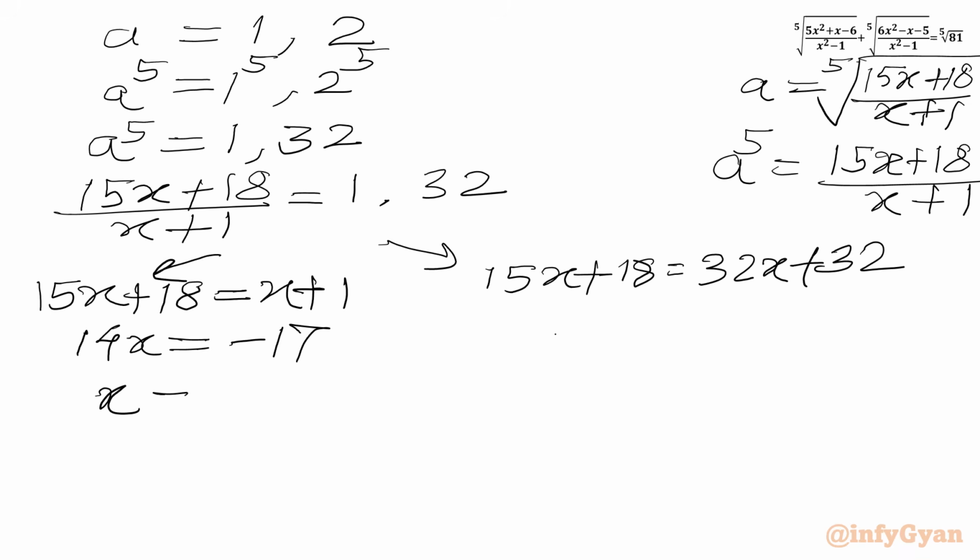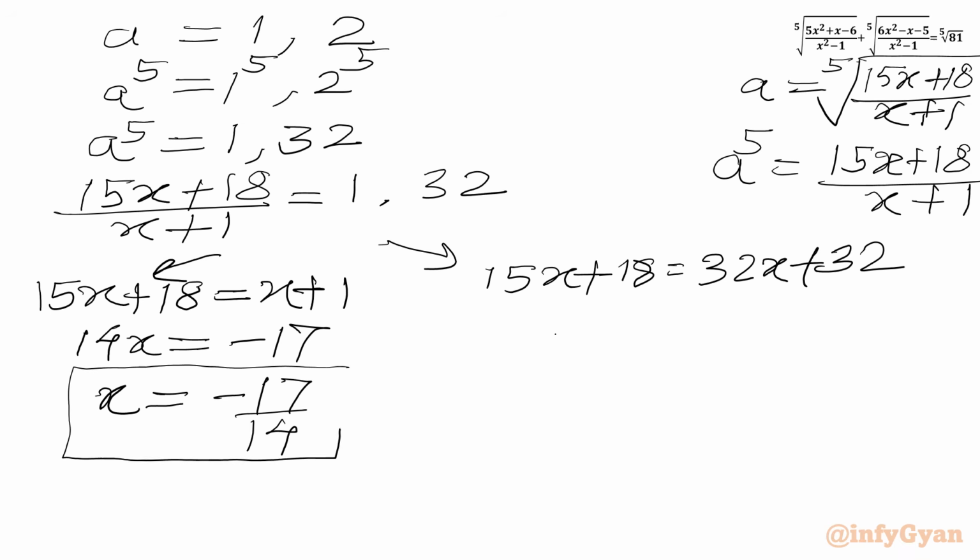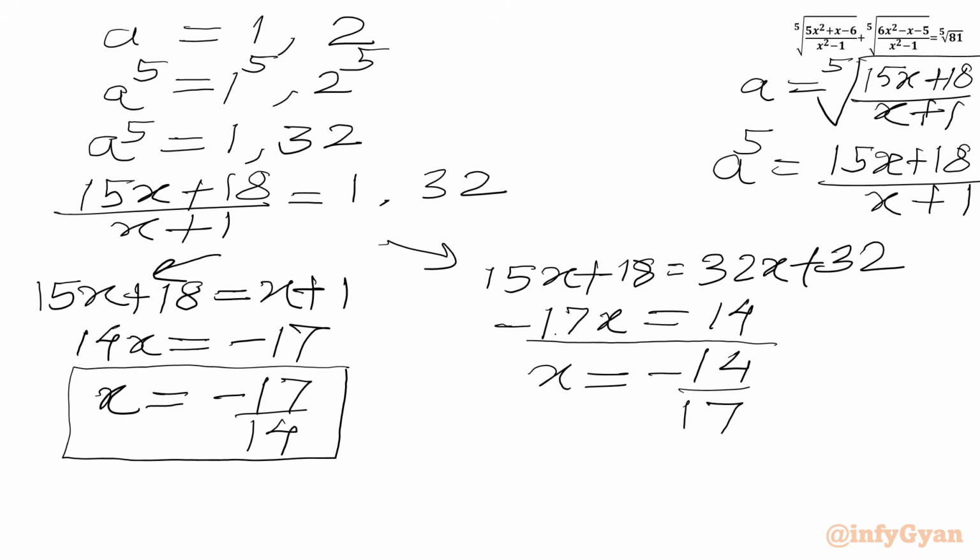So x will be equal to −17/14. This is our first real solution. And from our second equation, I will write −17x = 14. So we are going to get x = −14/17. So finally we have two real solutions, −17/14 and −14/17.